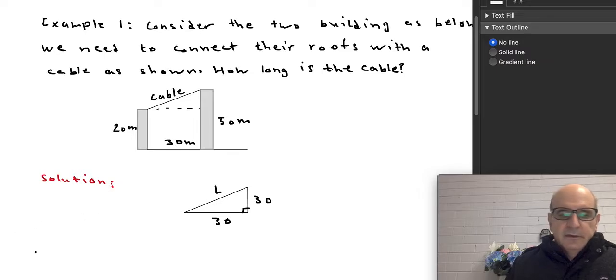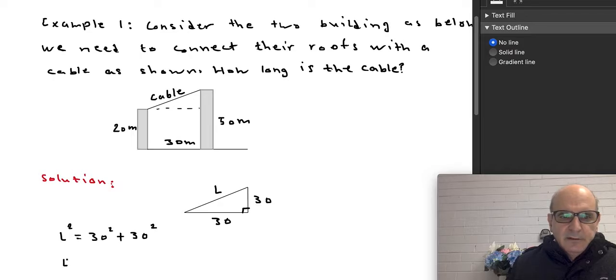All right, now we can use Pythagoras to find the length. So L squared is equal to this short side squared plus the other short side squared.